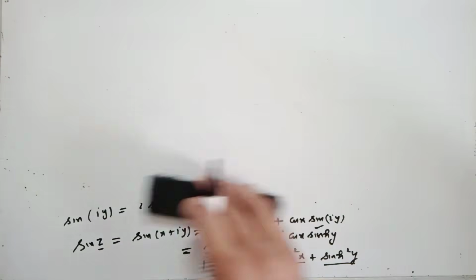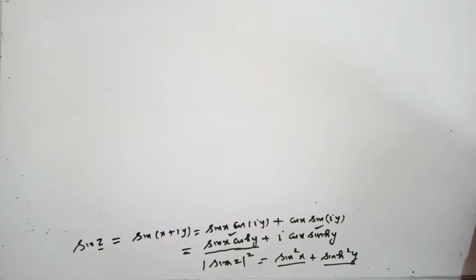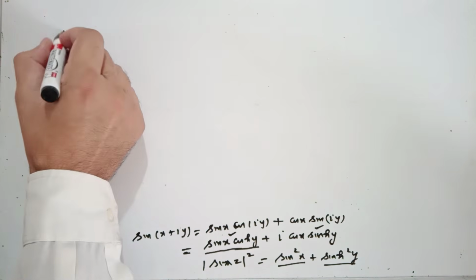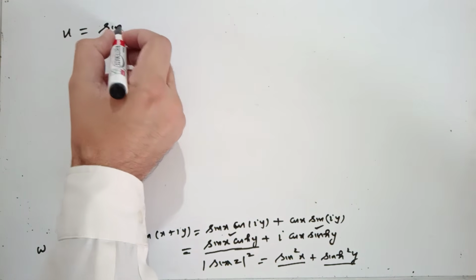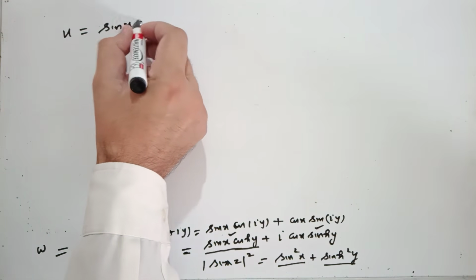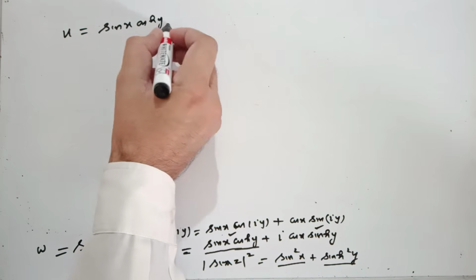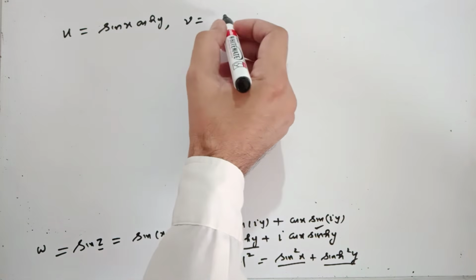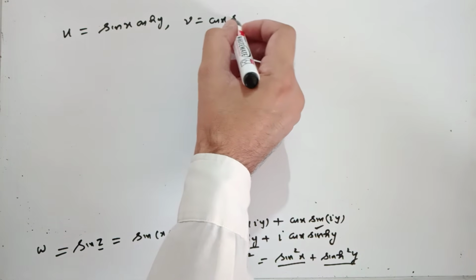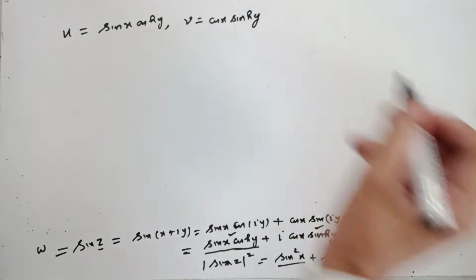Also, you may interpret its geometry for some standard curves. Take w equal to sine z. What is u? u is sin x cos hyperbolic y, and v is cos x sin hyperbolic y. Correct?